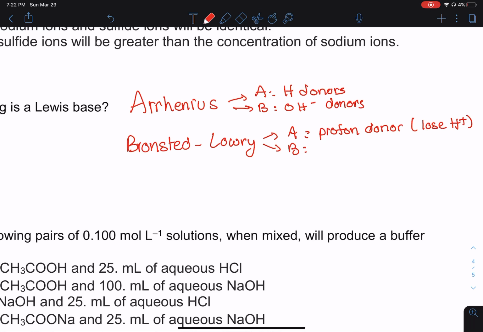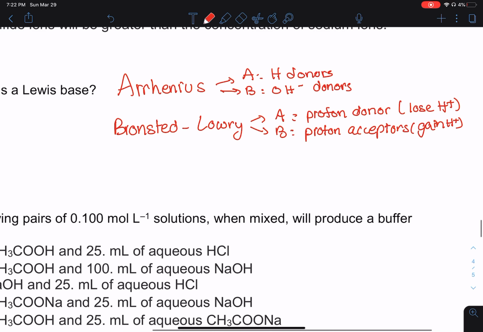Bases are proton acceptors. They gain H plus. Okay, so an example for an Arrhenius acid would be HCl. It has a hydrogen to donate. An example for an Arrhenius base is NaOH. It has an OH to donate.